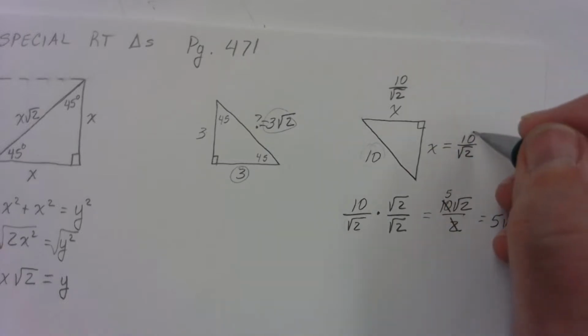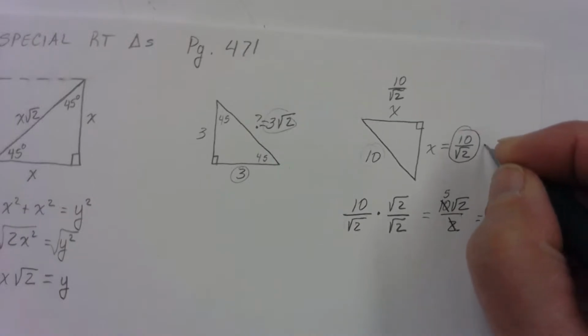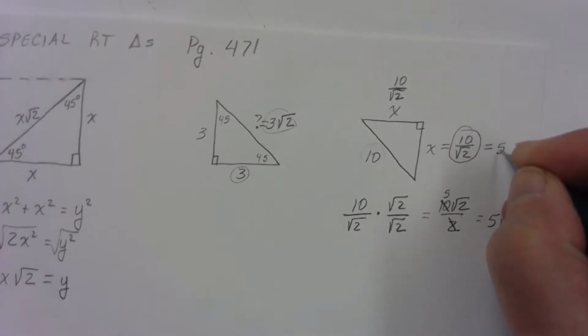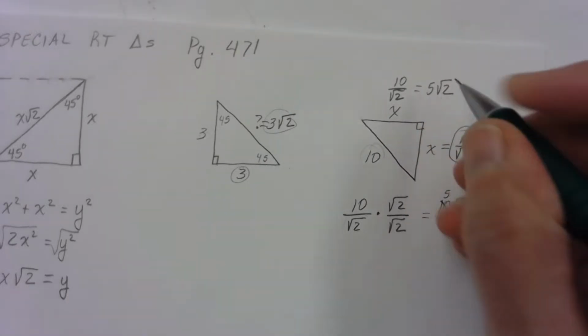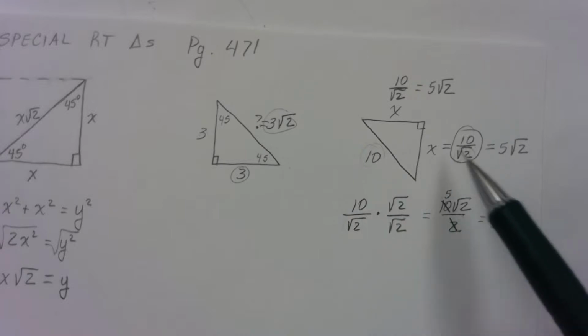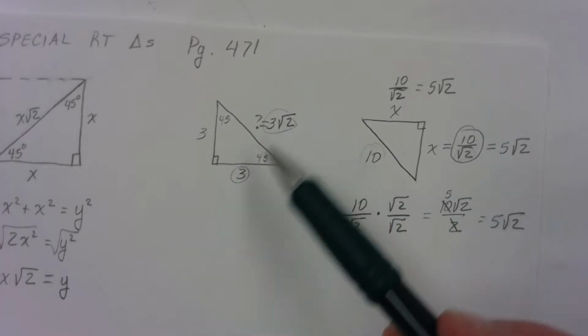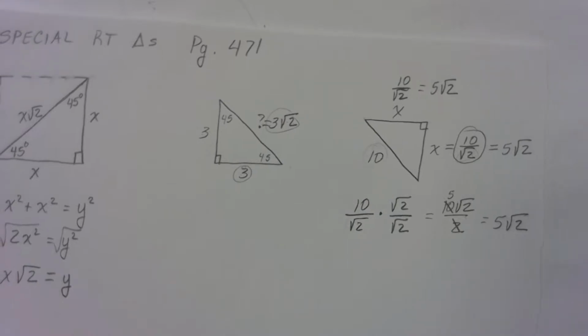So these guys right here, which I will allow you to leave like this if you want, the book, if you're going to go check your work, the book will tell you that's got to be 5 root 2. So if you have the hypotenuse and you want to get back to a leg, you got to divide by root 2. If you have a leg and you want to get to the hypotenuse, you multiply by root 2 in a 45, 45, 90.